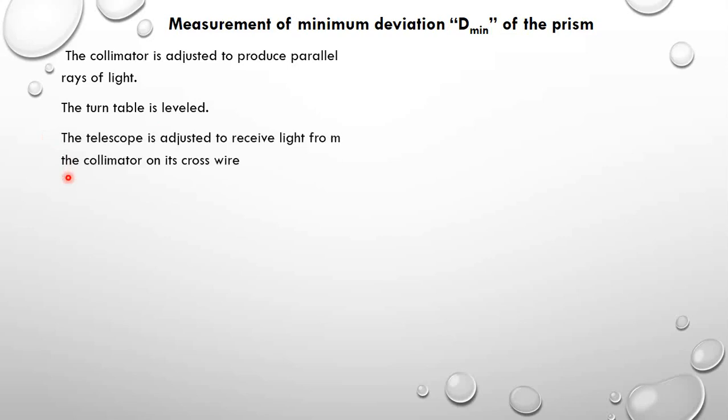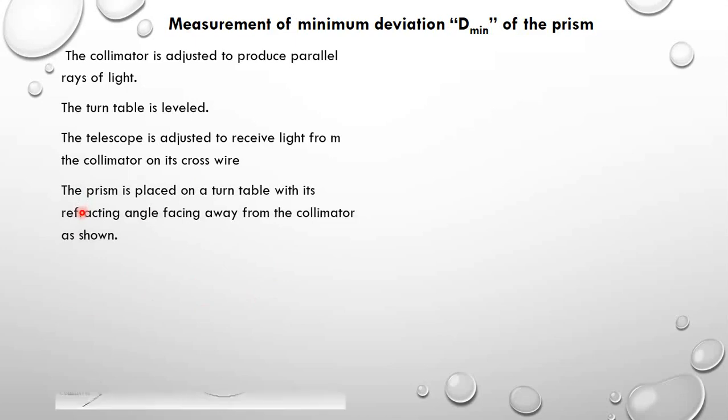And then after that, we are going to place the prism with the refracting angle facing away from the collimator, as you are going to see in this diagram.